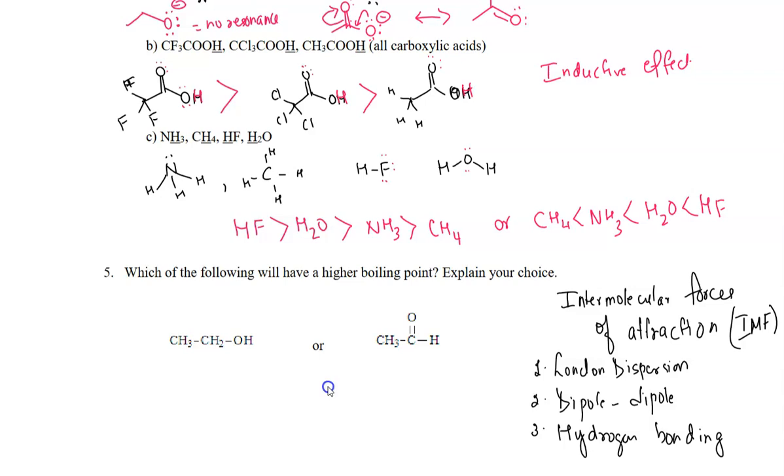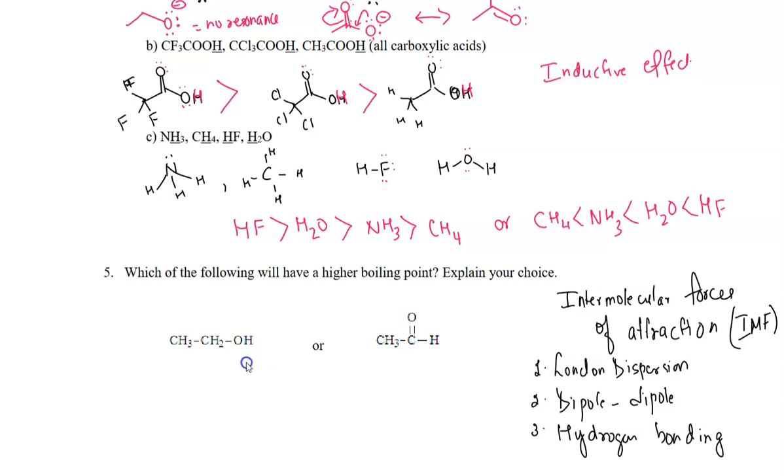First one is an alcohol. Wherever you have a hydrogen connected to an electronegative element like oxygen, nitrogen, or fluorine, it indicates that the molecule will have hydrogen bonding. Okay, so this molecule is an alcohol, OH is an alcohol group.